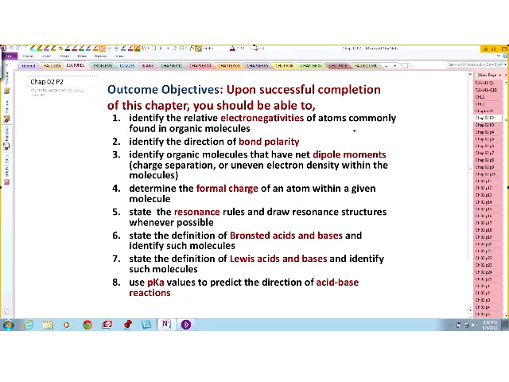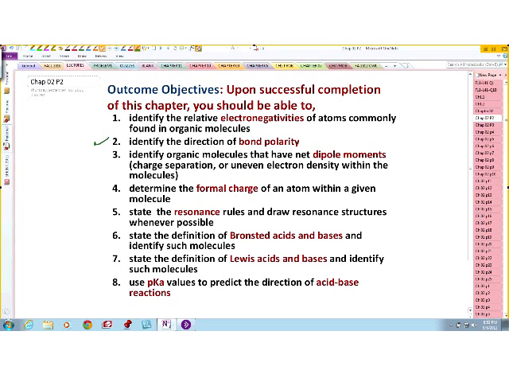On this slide, of course, I have a list of what I consider to be learning outcome objectives. These are a list of learning outcomes that you should use to guide your studying of the content of this chapter. For example, you should be able to identify the direction of bond polarity.